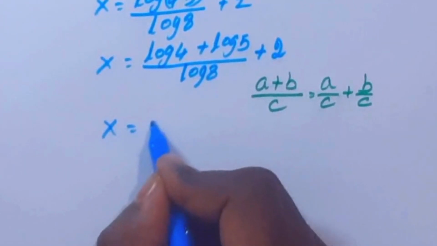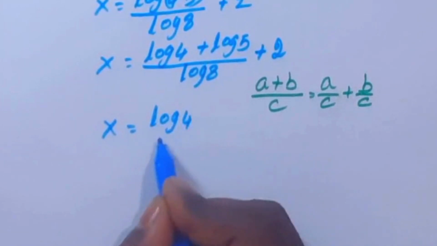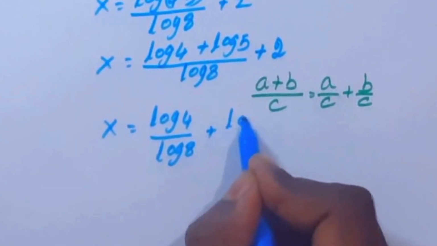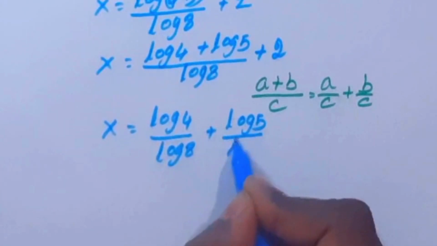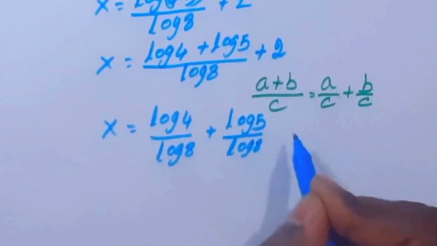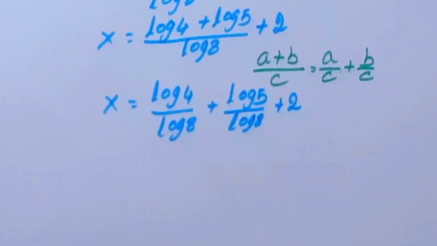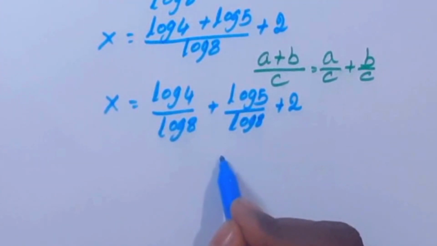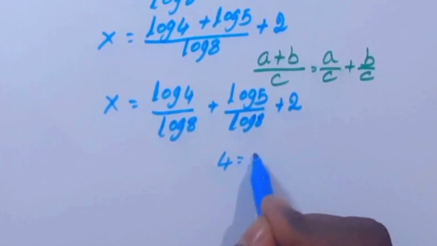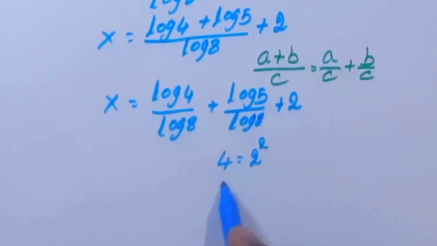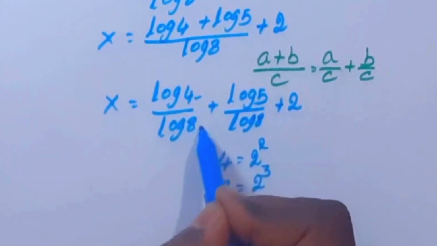x equal to log 4 by log 8 plus log 5 by log 8 plus 2. This 4 can be written as 2 times 2, that is 2 power 2. 8 can be written as 2 power 3. So we are going to apply this here and here.